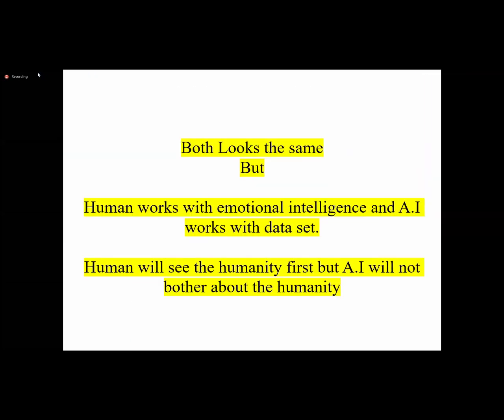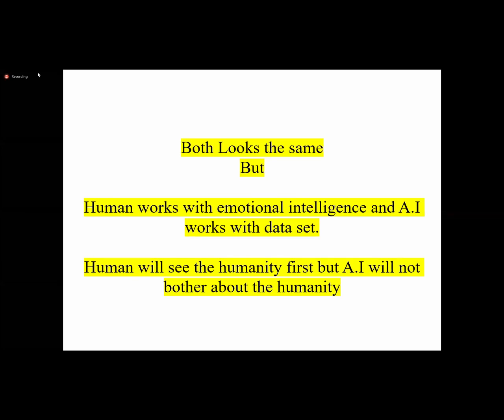Yes, both look the same, but the human brain works with emotional intelligence. As I told you, our brain works with the people we have around us and the people we know and love. So the human brain works on emotional intelligence, and AI works with the data set.